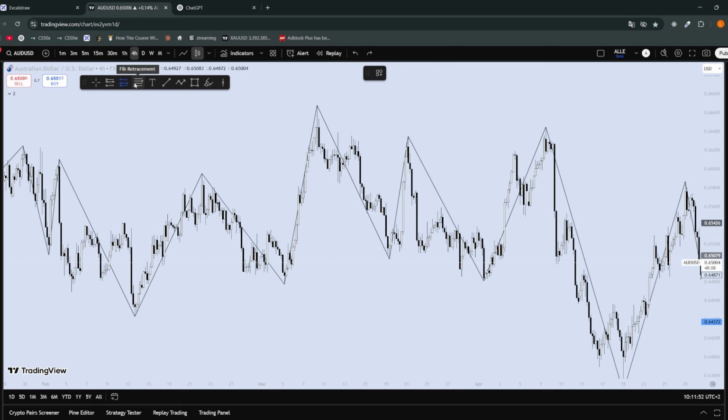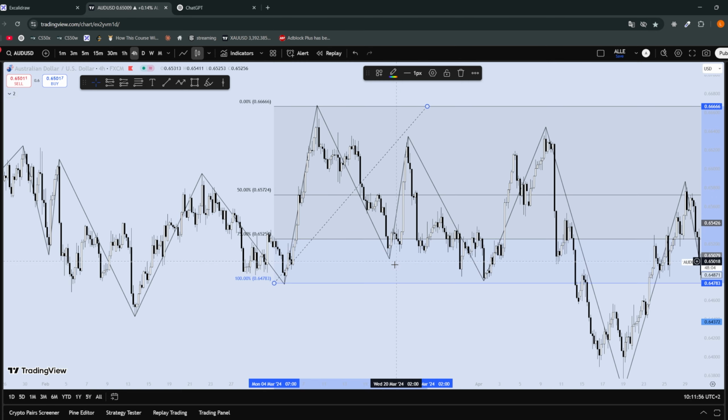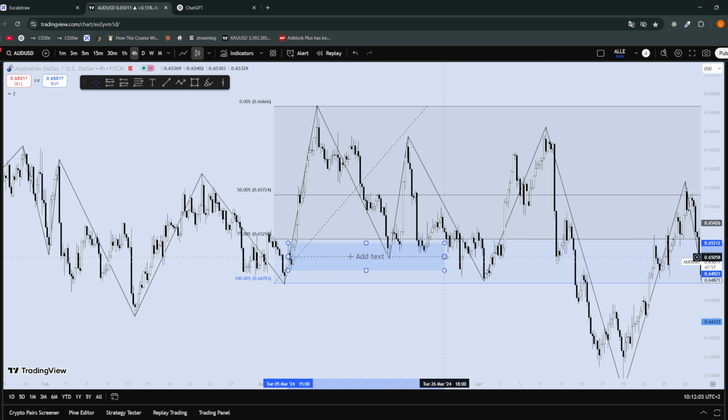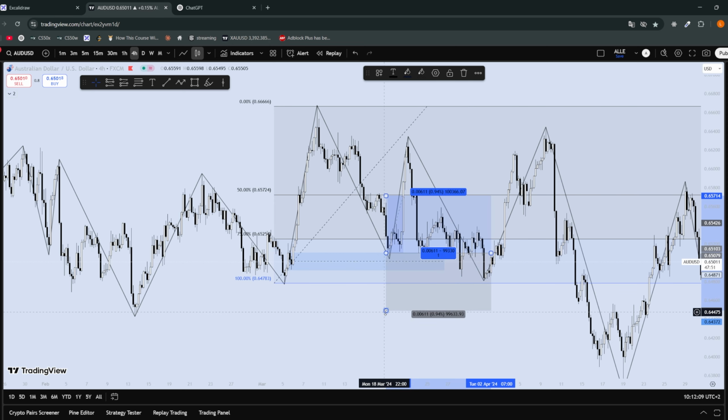We will look to enter on the 75%, obviously, but in this case I see there is a demand right here, so I can limit my entry to this.